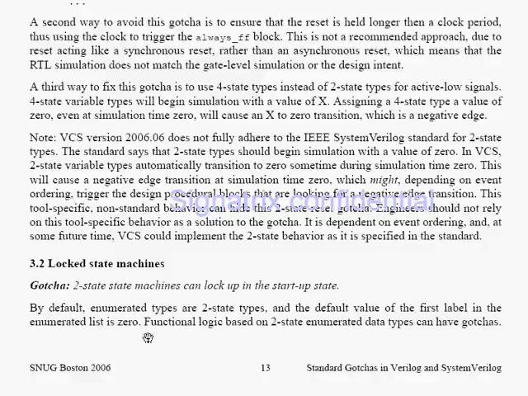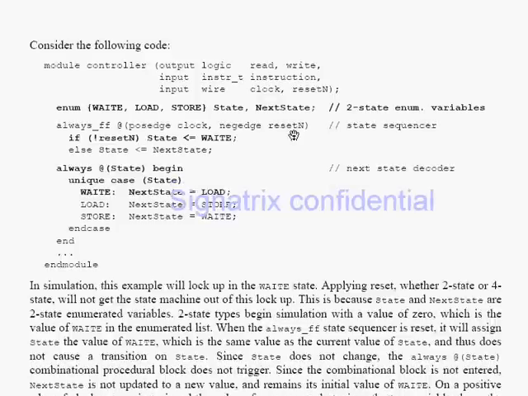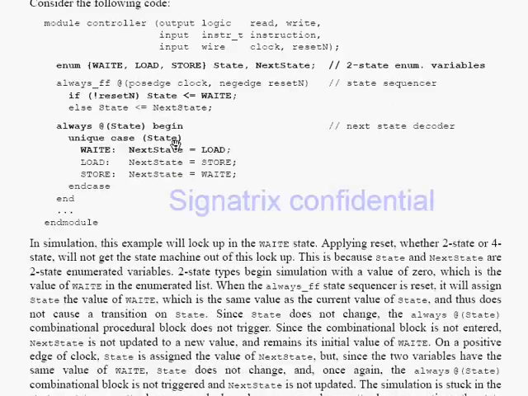Now, functional logic based on two-state enumerated data types can have gotchas. What they are trying to say is, in this state machine, when you apply a reset, what is the value of state? The value of state is wait. But it is a two-state variable, right?